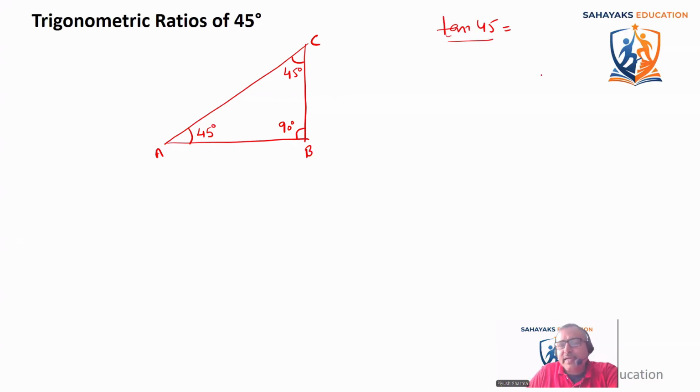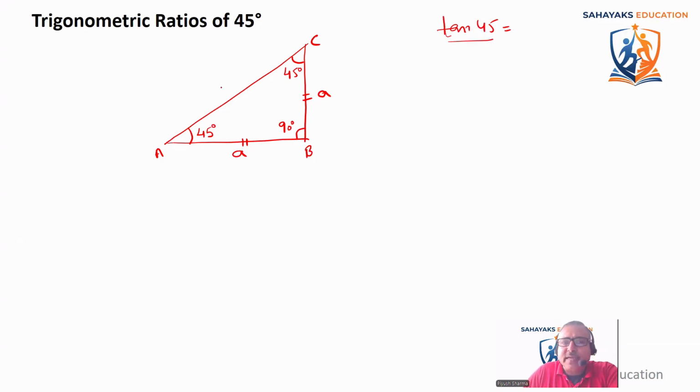And in an isosceles triangle, when two angles are equal, the sides opposite the two angles are also equal. So that means this side is equal to this side. So let me consider this side is equal to A. And this side will also be equal to A for sure. Isn't it?